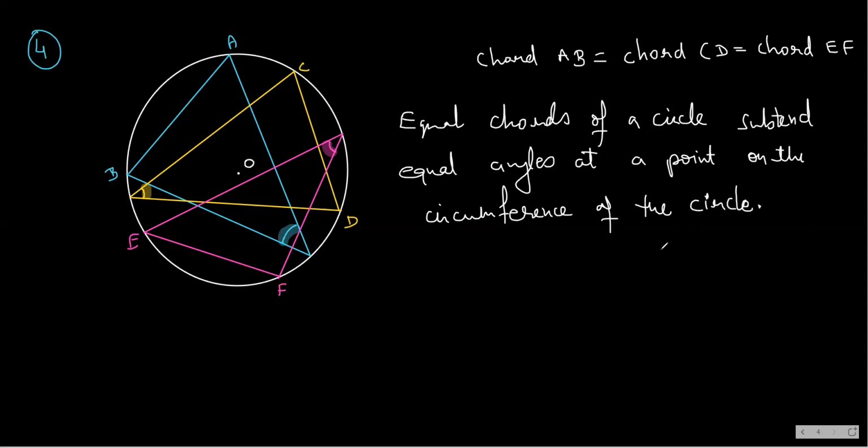So here you said that chord AB equals to chord CD equals to chord EF.